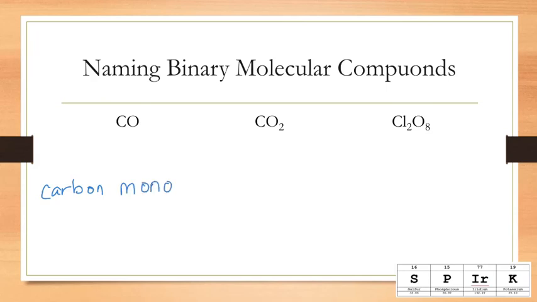And if the prefix ends in a vowel and the element starts with a vowel, we drop the vowel, so on oxygen we drop the O. So we just have monoxide: carbon monoxide. For the second one, again, we only have one carbon, so we just say carbon. Now we have two oxygens, so we use our prefix for two, which is di: dioxide.